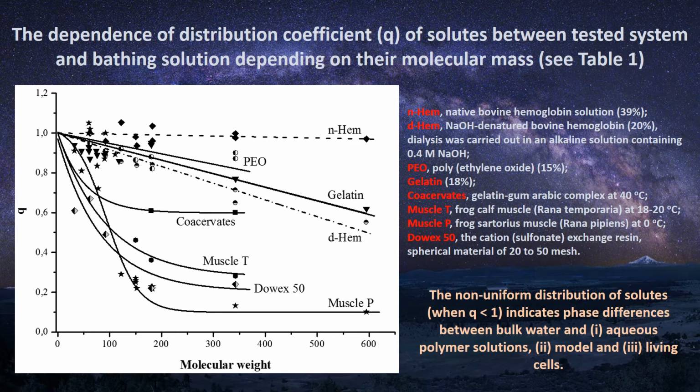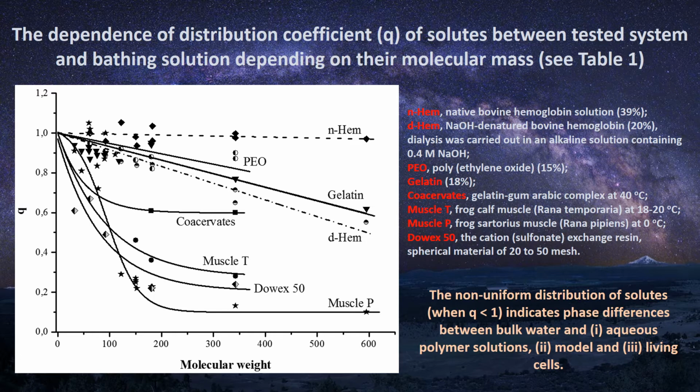There are polymer solutions in dialysis bags, capillaries, living cells, frog muscle fibers, and granules of ion exchange resin Dowex here. These data shed light on two important subjects that I have mentioned.